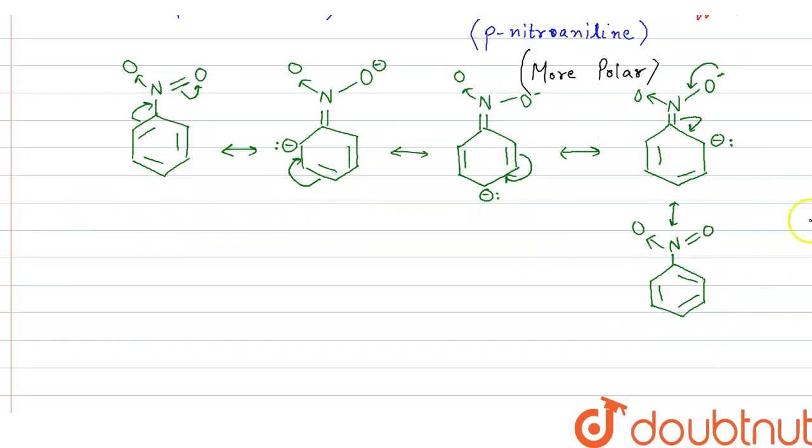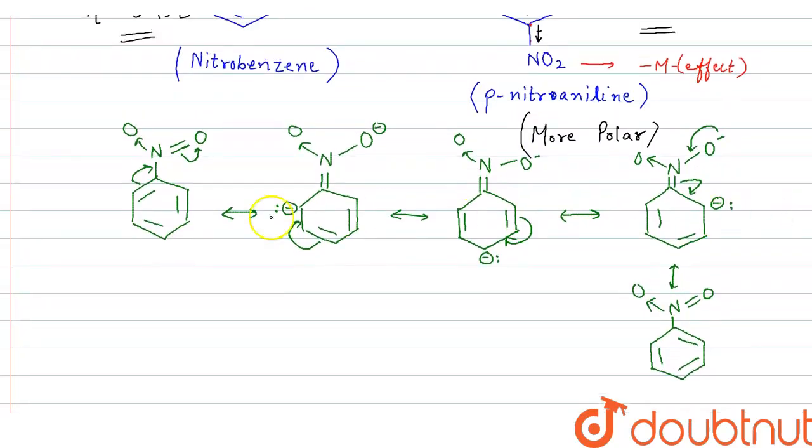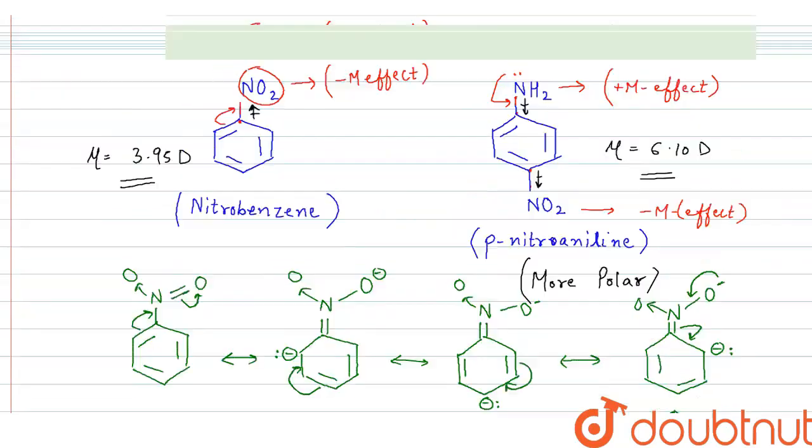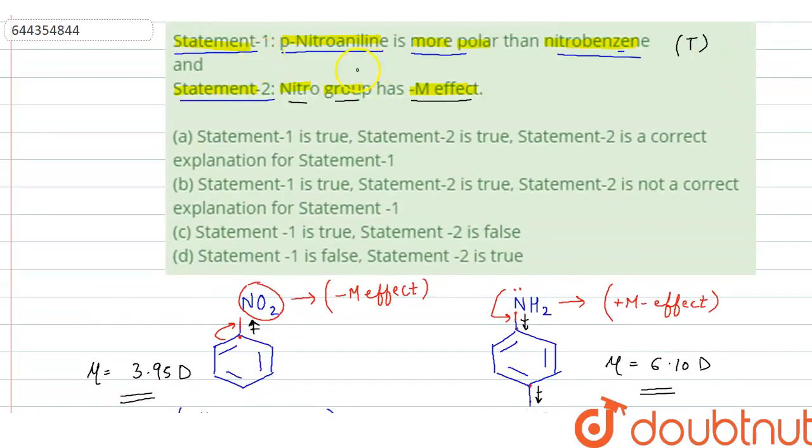So these are the 5 resonating structures. As you can see, the NO2 group is withdrawing electrons from the ring towards itself, so it shows minus M effect. So from here we can say that the second statement is true.